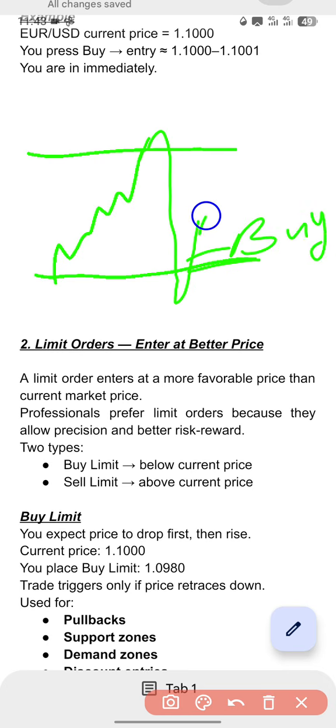When price reverses back into it, you are in the trade, then the price takes you to take out this liquidity. This is how we use the limit orders.